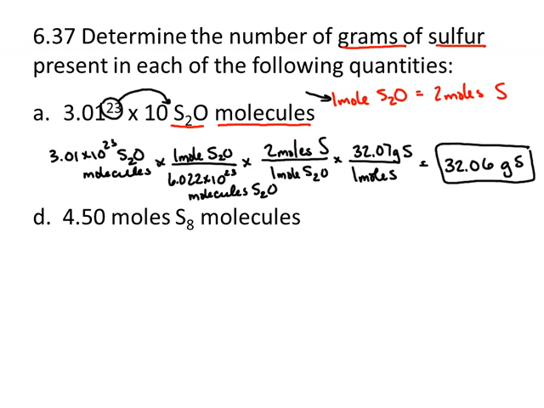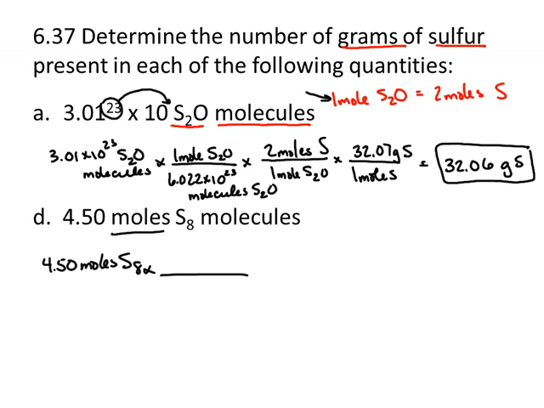In letter D, we have 4.50 moles this time of molecules. So we're ignoring the molecules. We're going to focus in on the fact we have moles. And it's of S8.